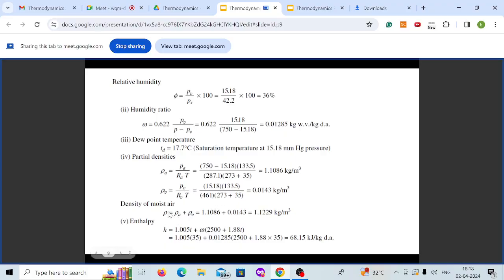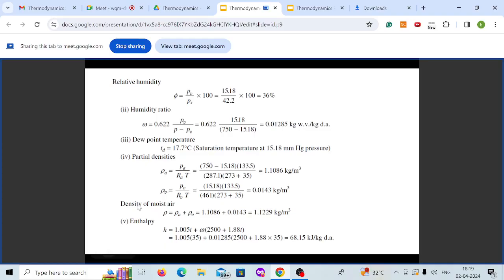For the total density, you would have to write 1 by rho equals 1 by rho a plus 1 by rho v, that is, you have to take the total mass and divide by the total volume. You cannot straight away add the densities.